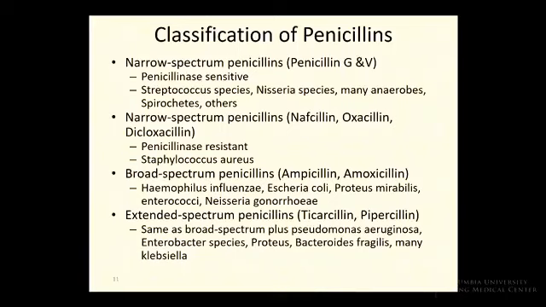And the broad spectrum penicillins include ampicillin, amoxicillin. Okay? And so you can recognize amoxicillin frequently if you have any kind of head, nose, and throat infection or ear infection. Amoxicillin is frequently the first drug tried. Okay? And part of that is because it's the most likely to actually work, and you don't need a secondary visit. Okay?